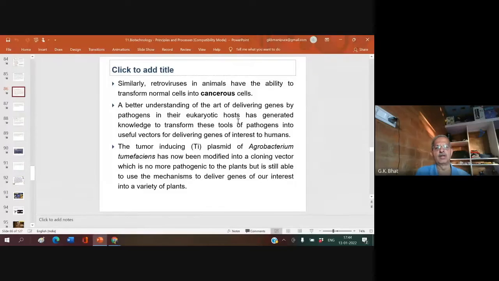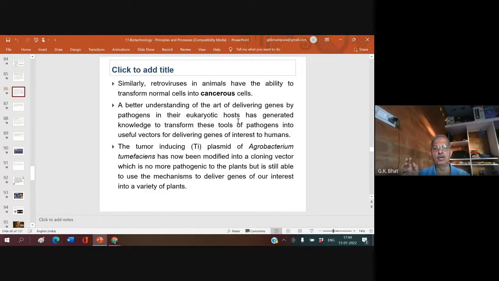The tumor inducing plasmid, abbreviated TI, T for tumor, I for inducing, of Agrobacterium tumefaciens has now been modified into a cloning vector which is no more pathogenic to plants, but is still able to use the mechanism to deliver genes of our interest into a variety of plants.